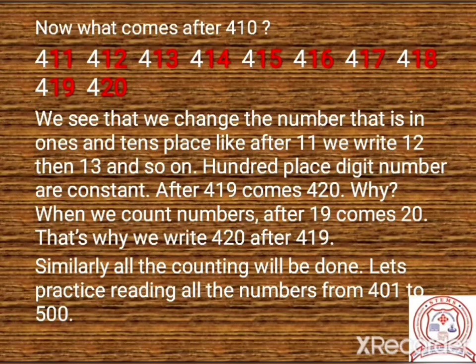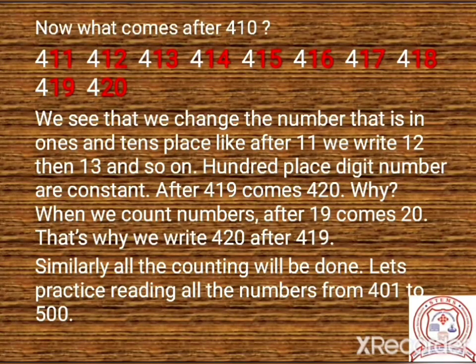We see that we change the number that is in ones and tens place, like after 11 we write 12, then 13, then 14, then 15 and so on. The hundreds place digit is constant. After 419 comes 420. Why?